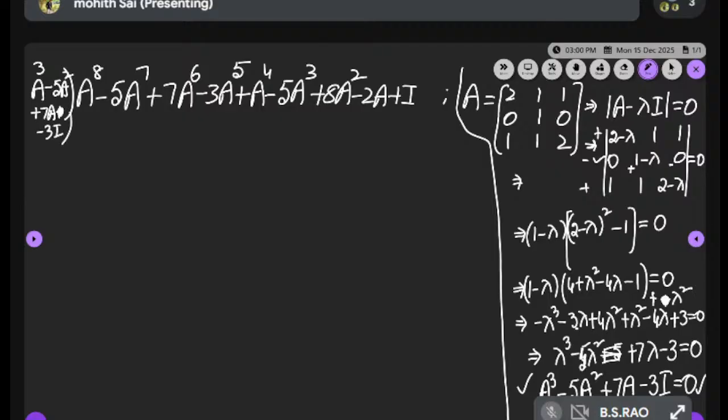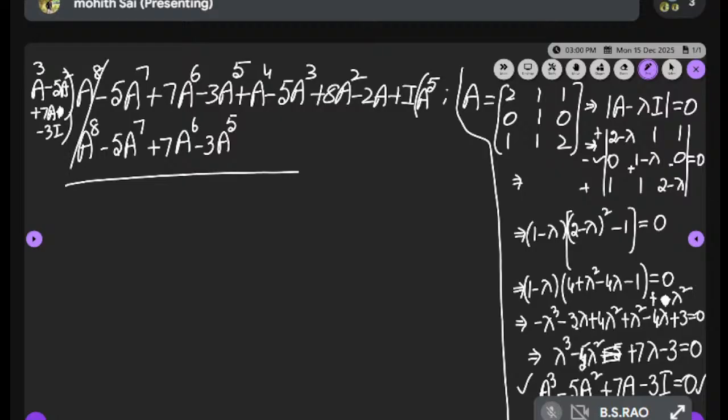All of you listen. You can copy it in a minute. A cube into A power 5, what are you getting? A power 8 minus 5A power 7 plus 7A power 6 minus 3A power 5.